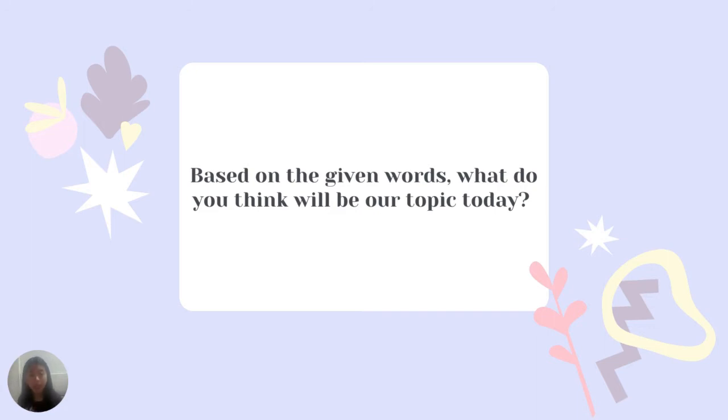Let us not pay attention only to the development of the mind and the hands, which is the cognitive and the physical. Let us also give attention to the development of the heart, which is the affective. For as the Bible says, what does it profit a man if he gains the world but loses his soul?